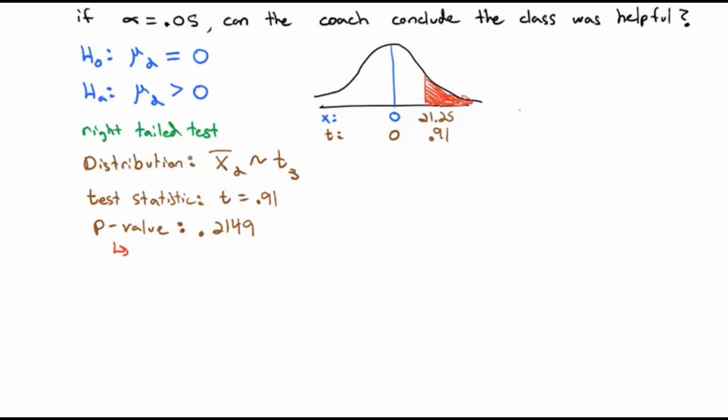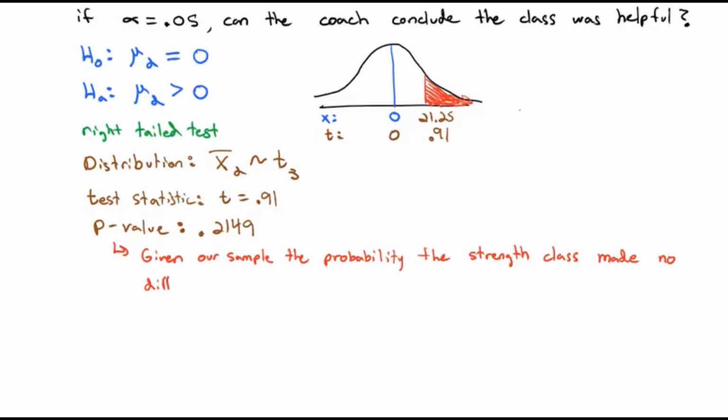What that p-value means is, given our sample, the probability that the strength class made no difference in bench press weight, because that's the null hypothesis, is 21.49%.